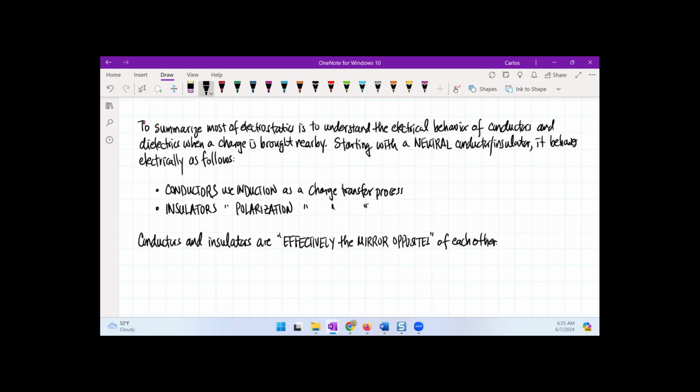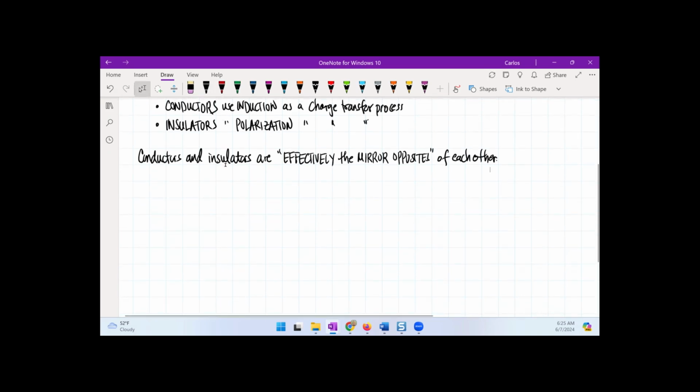Now let's explore these differences. So the first thing that I'm going to look at is conductors and induction.